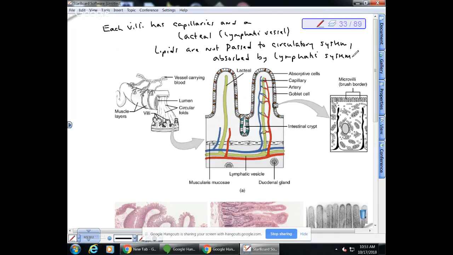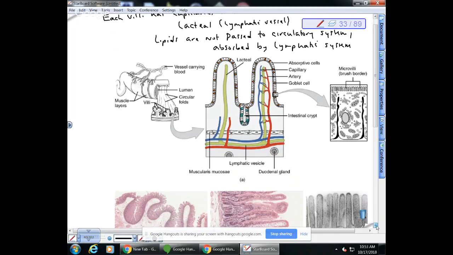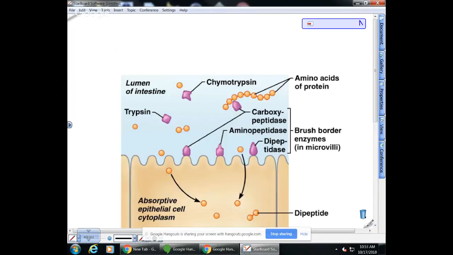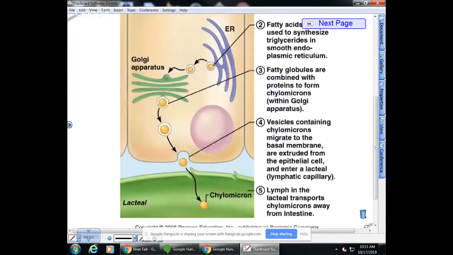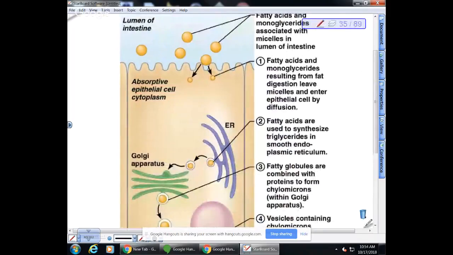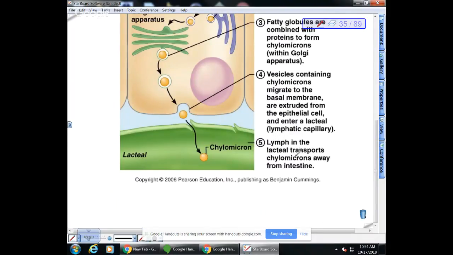Now, the one thing about lipids is that they are not transported directly in solution. They actually have to have proteins bound to them. So if we look at lipid absorption, okay, so this is my fatty acid that then goes into the inside of the cell. This would be my cilia, that's my brush border. And you'll notice that the lipids in the intestinal cells get modified into what are called chylomicrons.